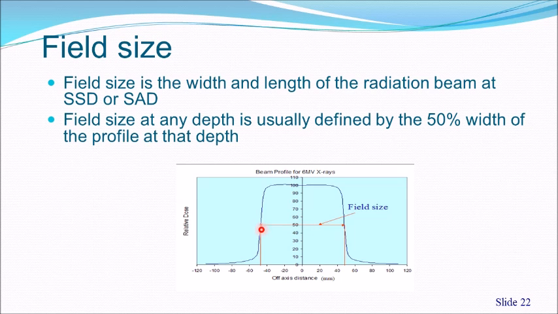So if you actually measure the 50% width of the beam, it will be 11 centimeter at this point. So the field size in phantom is provided by the 50% isodose line or 50% of the profile width. We can also call it half width at full maximum.